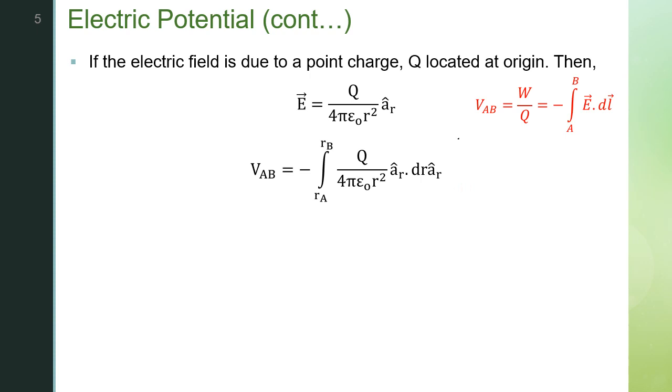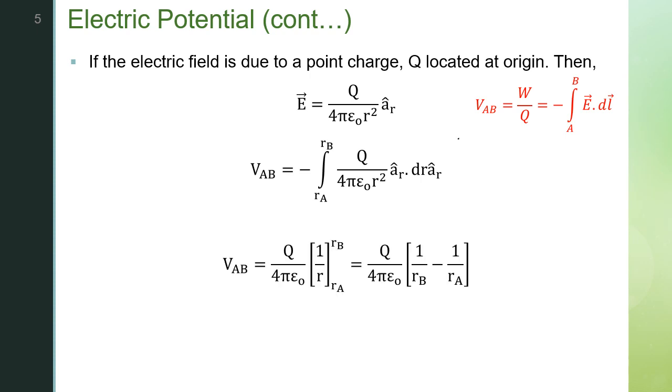That is, we are having a small length along the AR cap direction. Now, when you integrate it, we'll get the value as Q by 4 pi epsilon into 1 by R over the limit RA to RB. And from that, we'll get it as Q by 4 pi epsilon into 1 by RB minus 1 by RA.